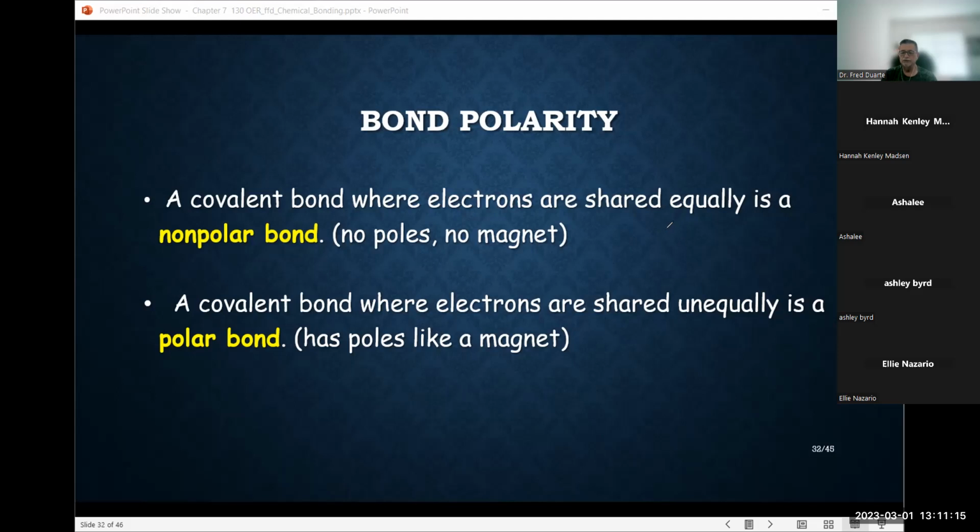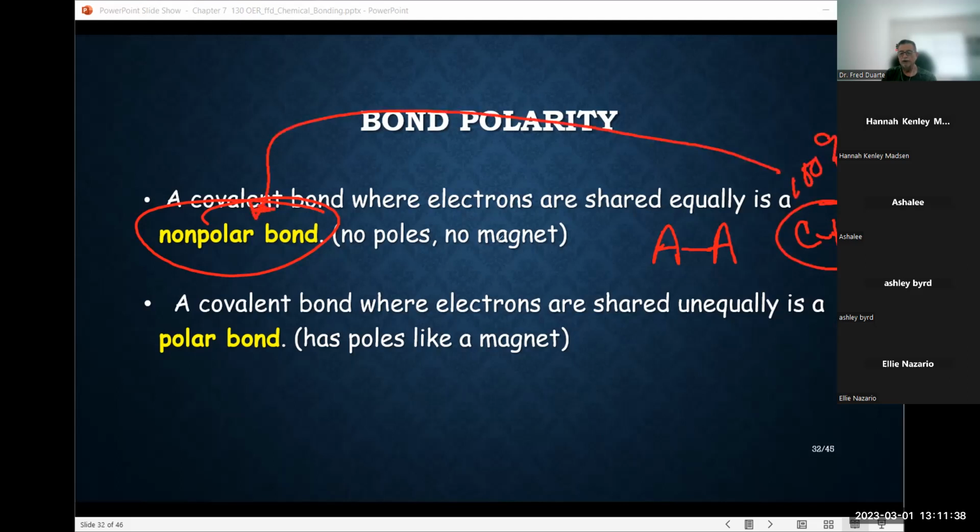Now the simple takeaway is this: when we look at a bond, and I use the generic AB scenario, where A and A represent the same atom, you have a nonpolar bond. Another example is a carbon-hydrogen bond. 100% of the time, the carbon-hydrogen bond is nonpolar, even though they are different atoms, because their respective electronegativities are basically the same.